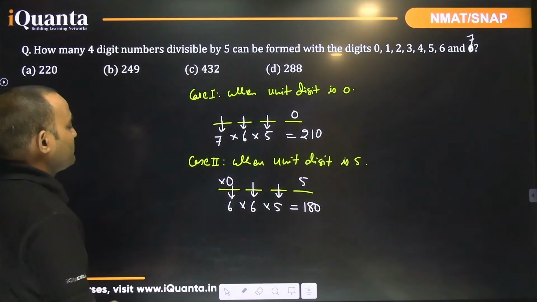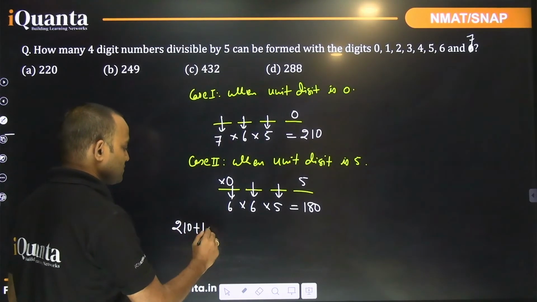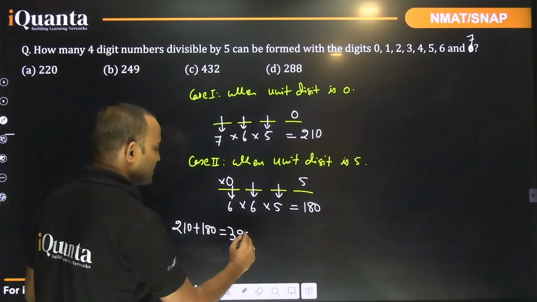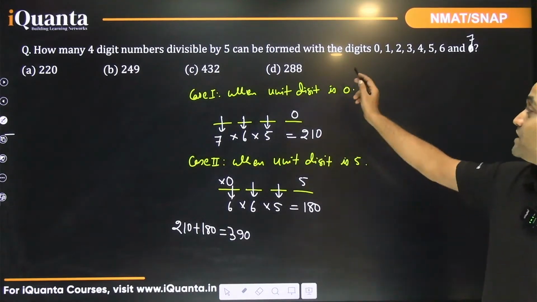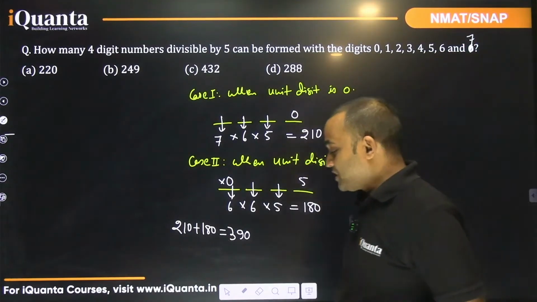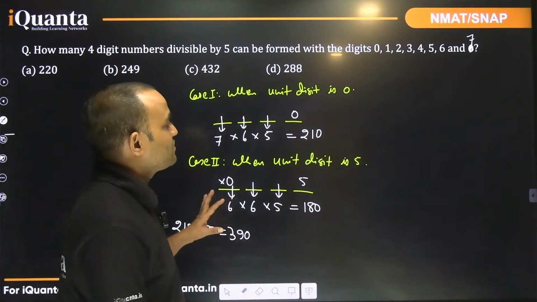So our answer will be, if we add these two, 210 plus 180, equal to 390, right? So that's the answer, if we take 7 instead of 6. But I guess if we take two sixes, then what will happen?